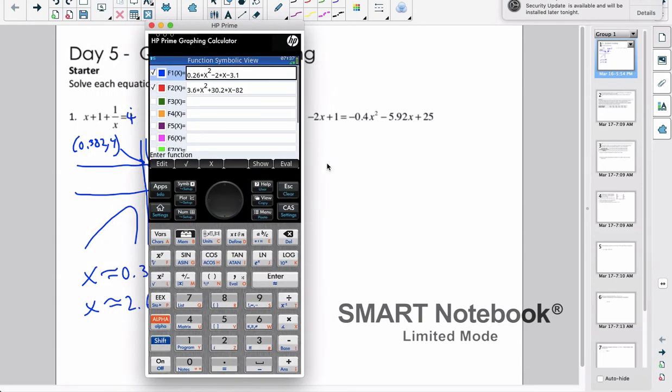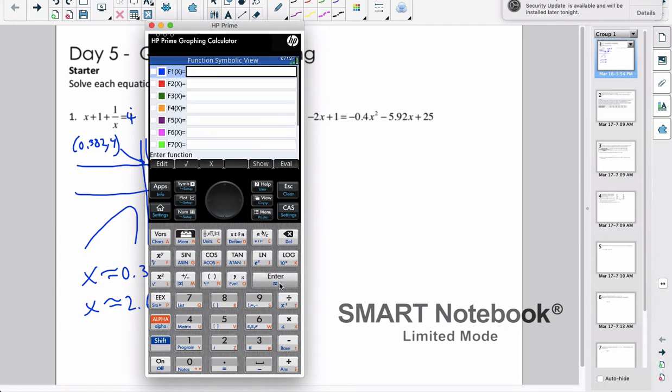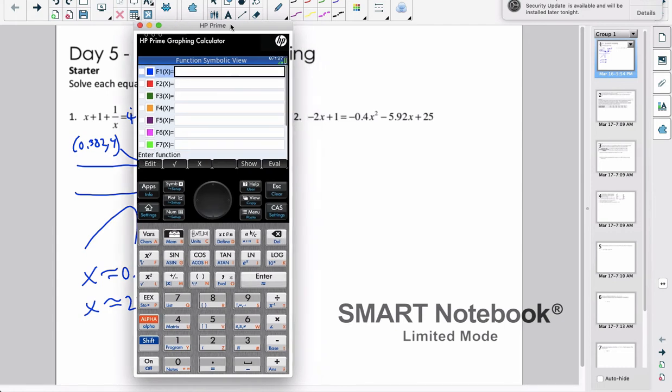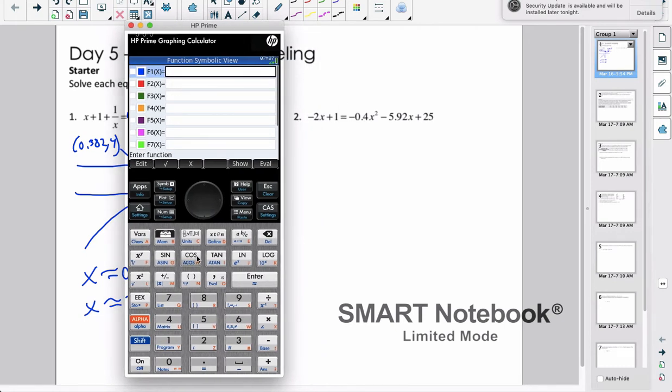So we go to Shift Clear, enter, and it'll clear everything. On the left-hand side, we just have a straight line. Y equals negative 2x plus 1, and then we'll graph this one here as a quadratic or a parabola.